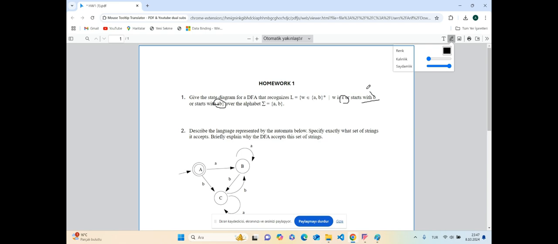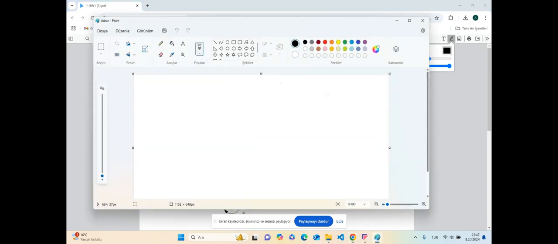For example, B, BA, BB, BBB, and so on. And also AB, we can start with AB, ABA, and so on.